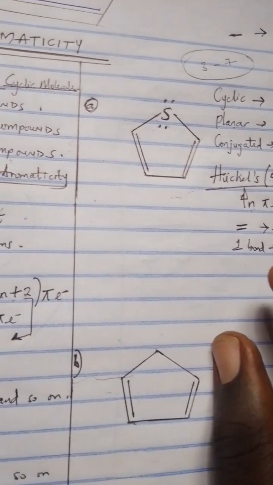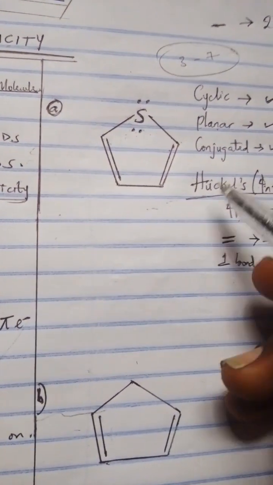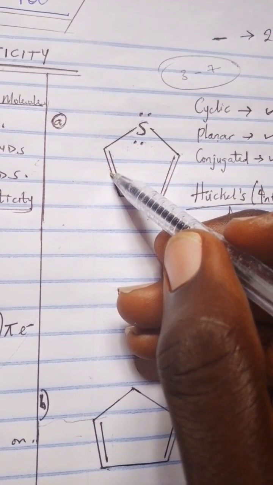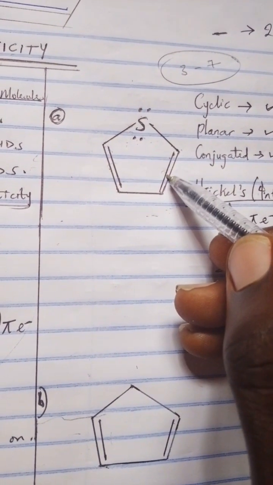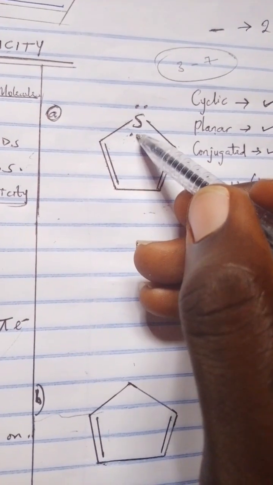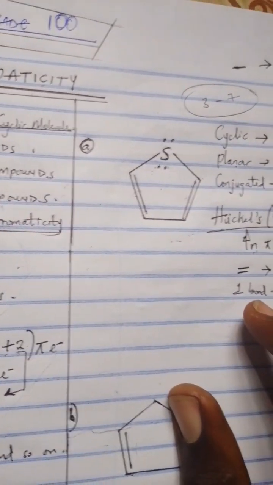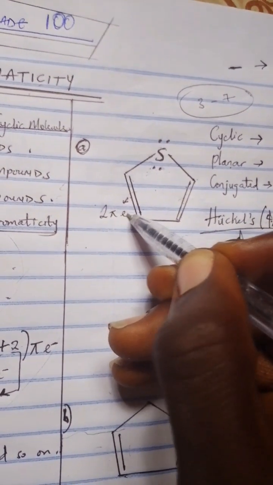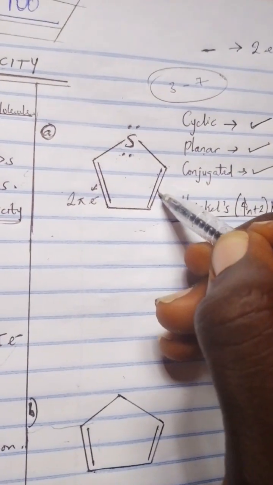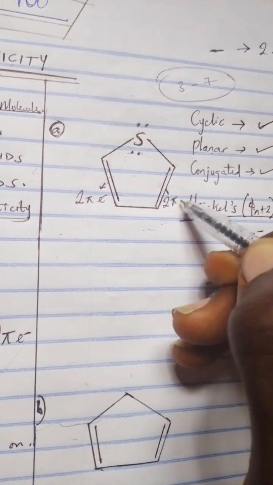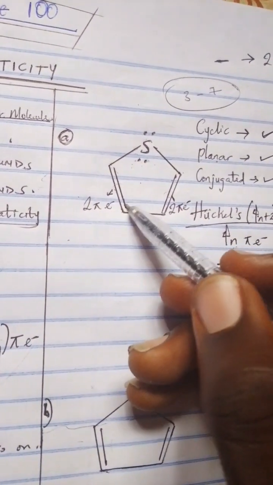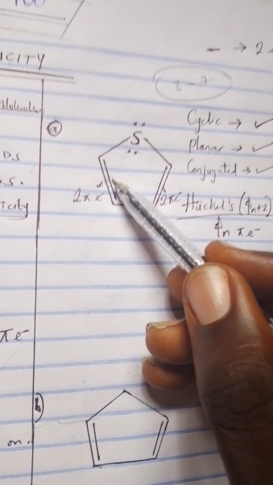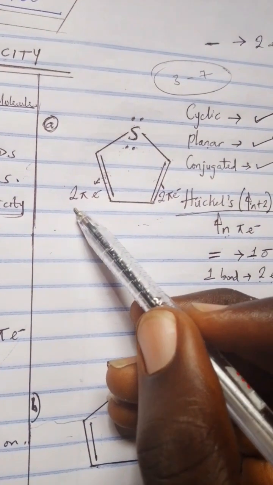Now let's check the number of pi electrons here. The first thing first, we have a double bond here, and we have a double bond here. Hence this one here contributes 2 pi electrons. The double bond here also contributes 2 pi electrons. Why does it contribute 2 pi electrons? Because the double bond consists of 1 pi bond, and that 1 pi bond will give us 2 pi electrons.